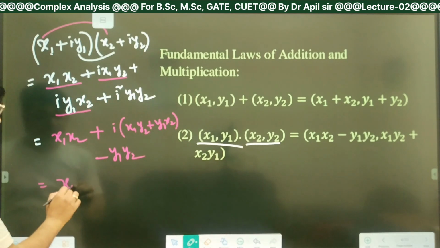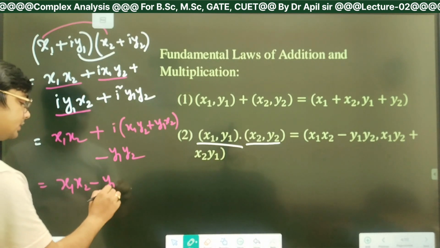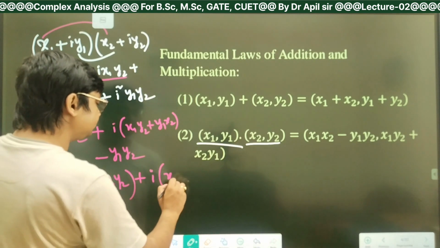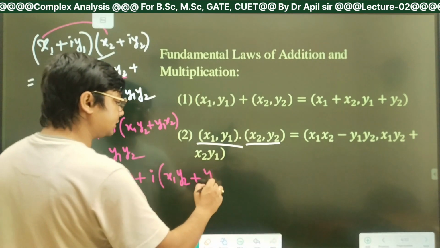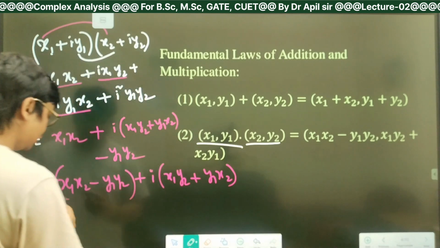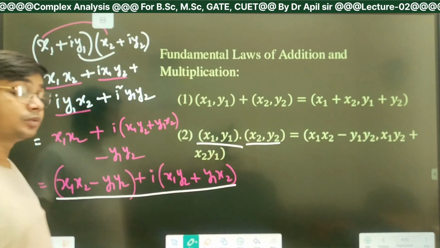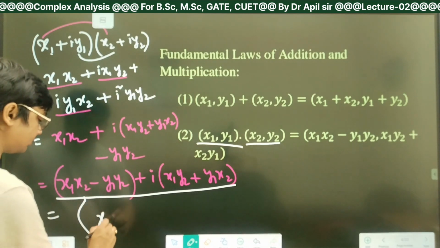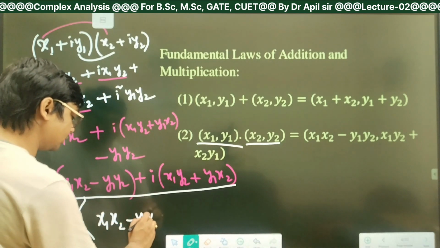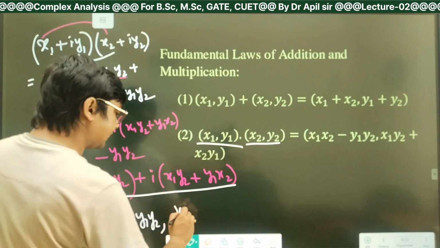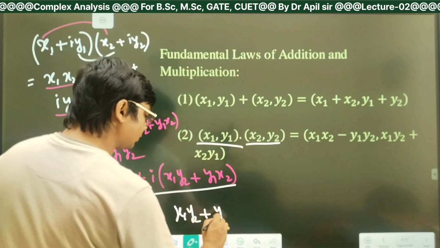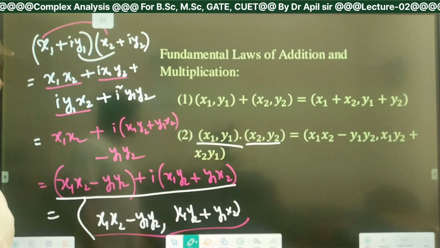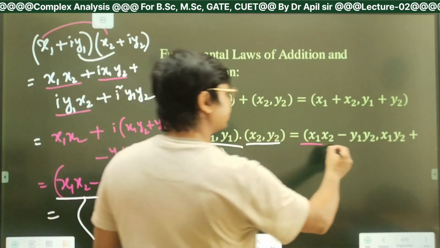Finally we get x1 x2 minus y1 y2 plus i of x1 y2 plus y1 x2. So this is the product of these two complex numbers, right? And we can write it this way also: x1 x2 minus y1 y2 comma x1 y2 plus y1 x2. So this is the product of these two complex numbers.